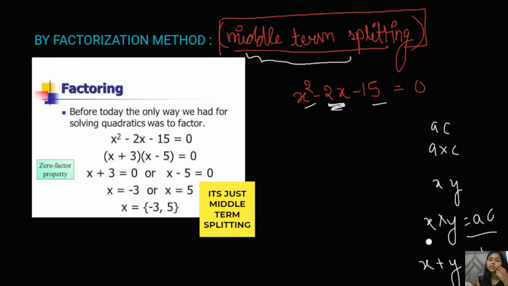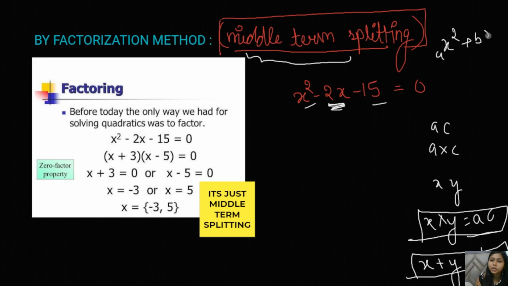If there are two factors, then by multiplying them we should get the product of the first and last digit of the quadratic equation, and by adding them we should get the b digit, right? You already know that this is the form of the quadratic equation, so you can easily differentiate the a, b, c between them.